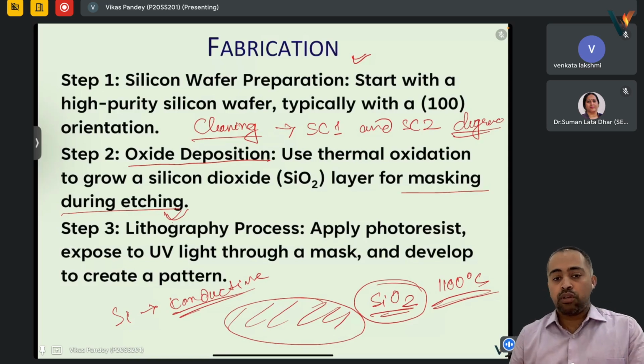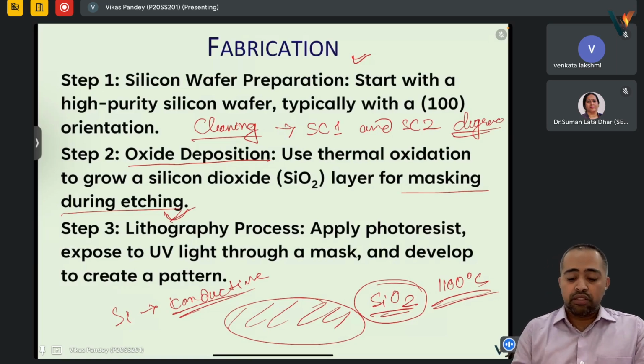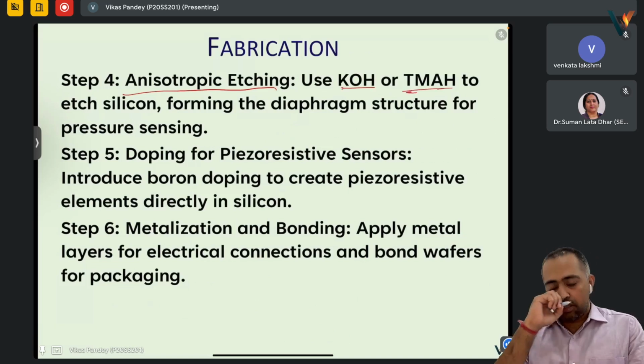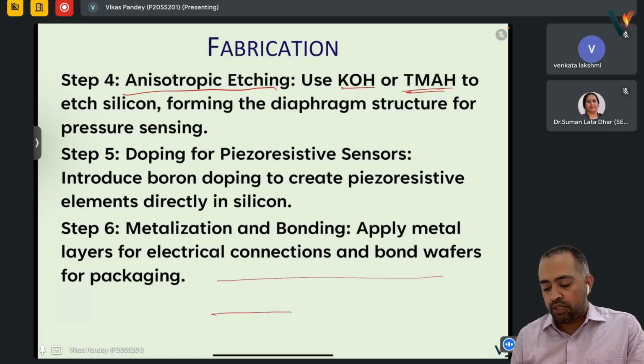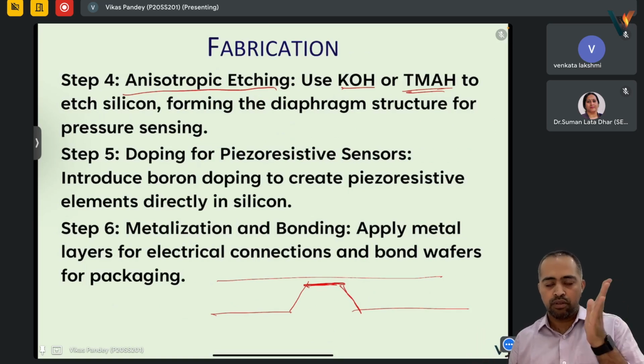Third is the lithography process. We have talked and we have seen a video about this, how we apply photoresist, expose to UV and develop to create a pattern. Then we will do the anisotropic etching using KOH and TMAH that we discussed in the previous class. So we'll get a structure like this, with slanted side walls, not steep.